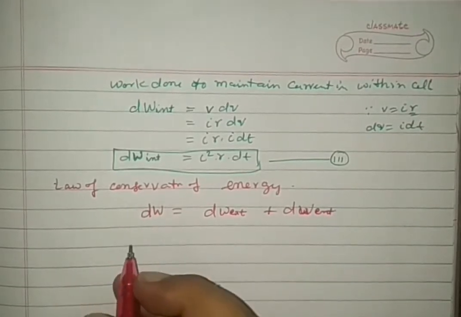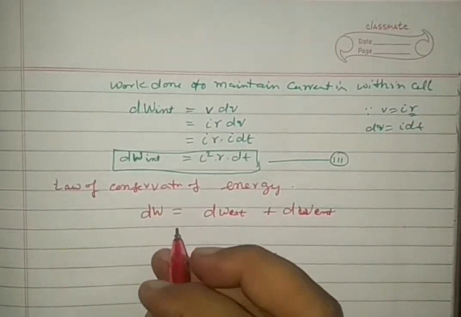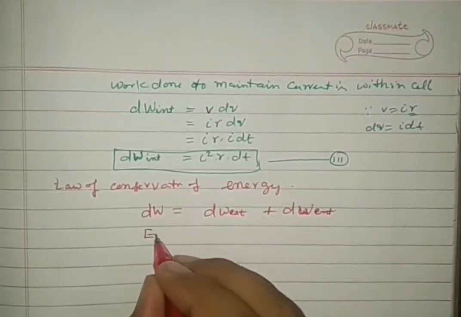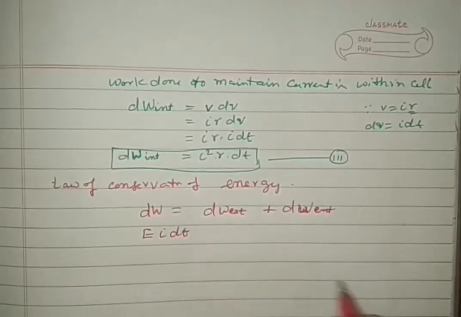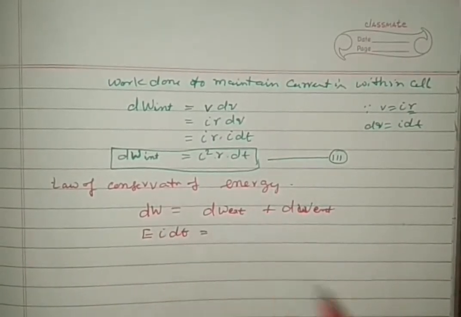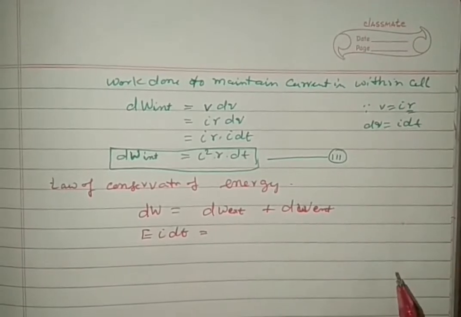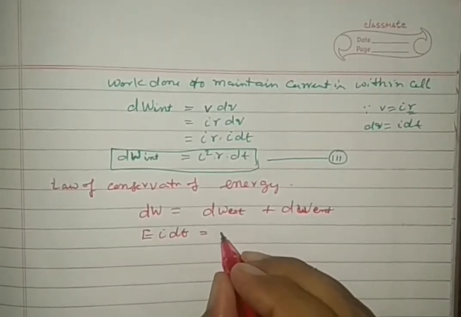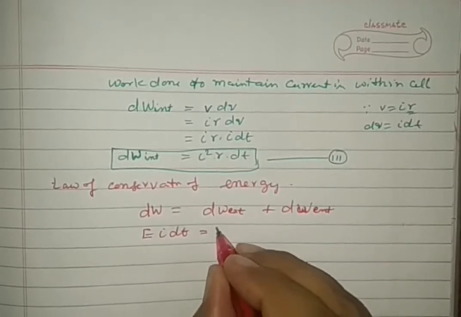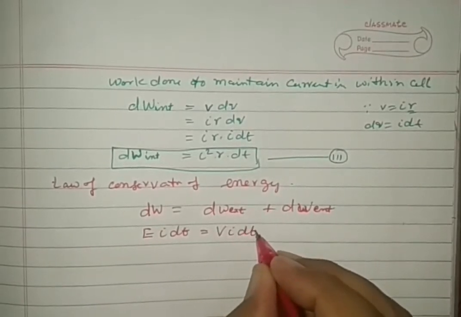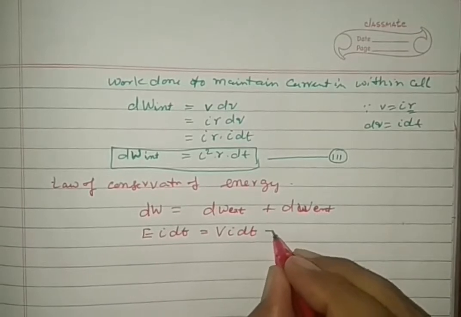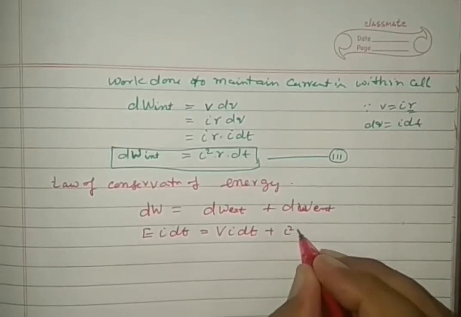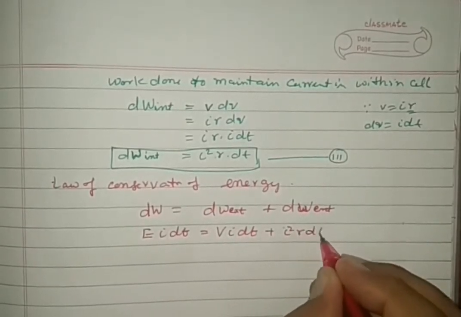Now put all the values. dW total is E I dt, which is equal to V I dt plus I square r dt.